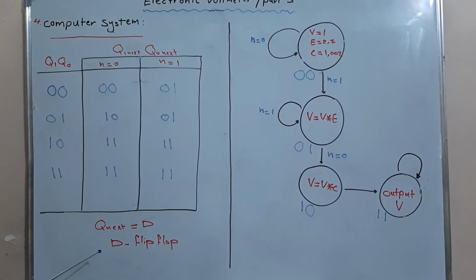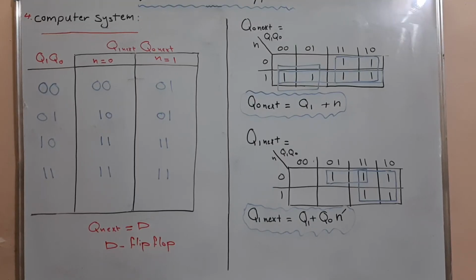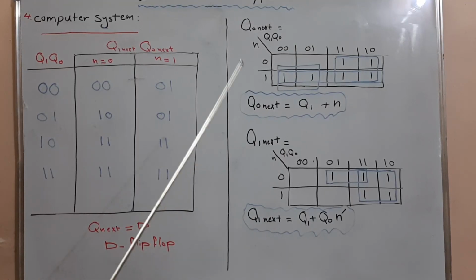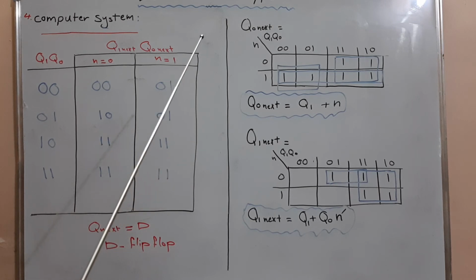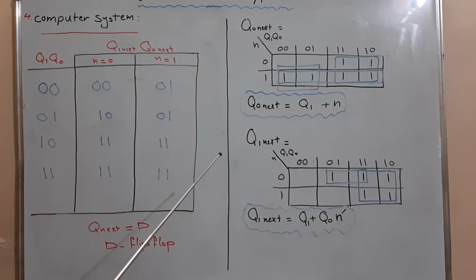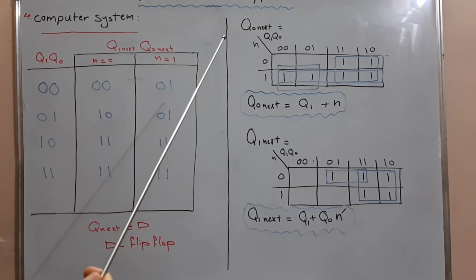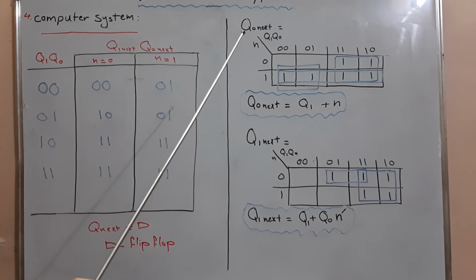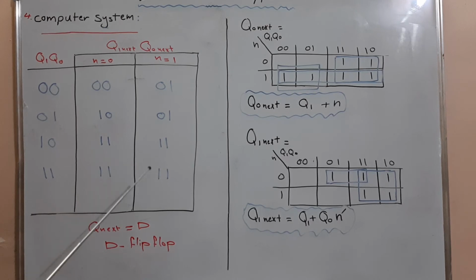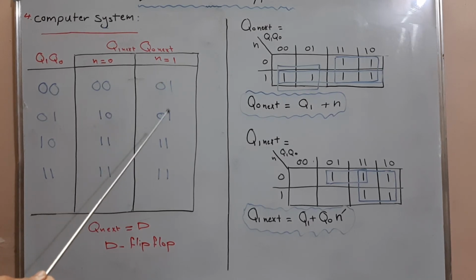And we will use a D flip-flop so that the value of D will be equal to the value of Q next at the beginning of the next clock cycle. So, by using these two tables, we will get the values of Q0 next and Q1 next respectively. The value of Q0 next will be equal to 1 whenever Q1 is equal to 1 or n is equal to 1.